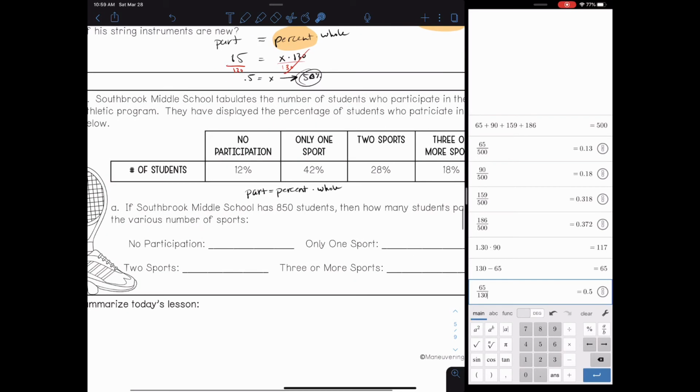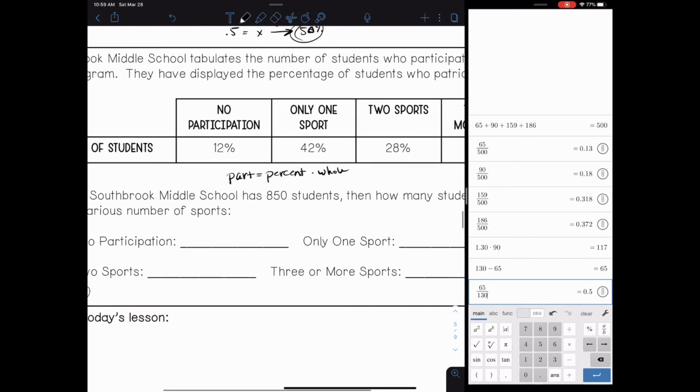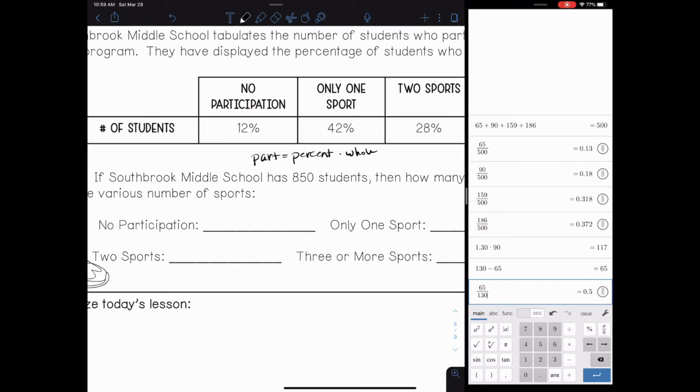So for example, this first one, no participation. Well, part equals percent times whole. So we don't know what the part is. That's what's missing. Equals percent. How much percent? Well, no participants. And that's right there. And so that's 12%. How do you write 12% as decimal? 0.12 times whole.